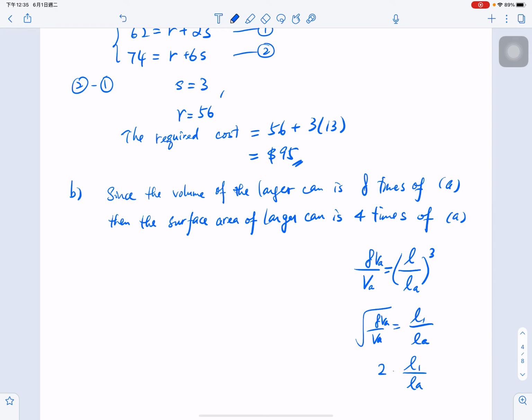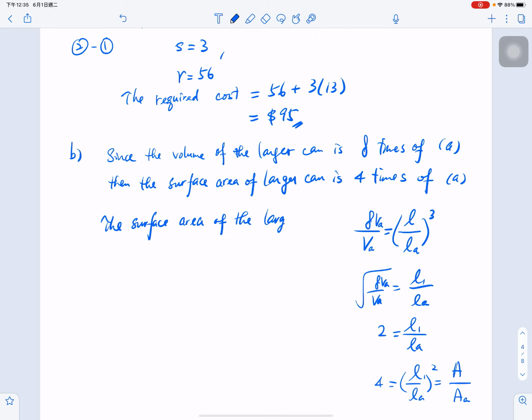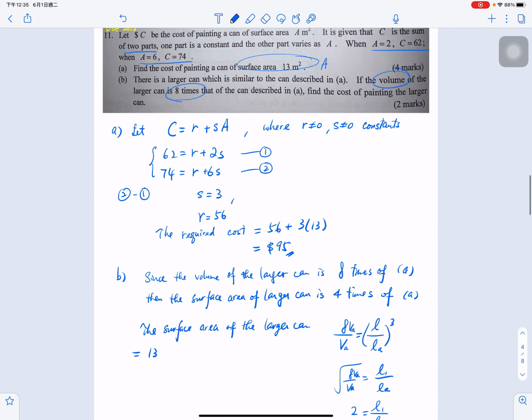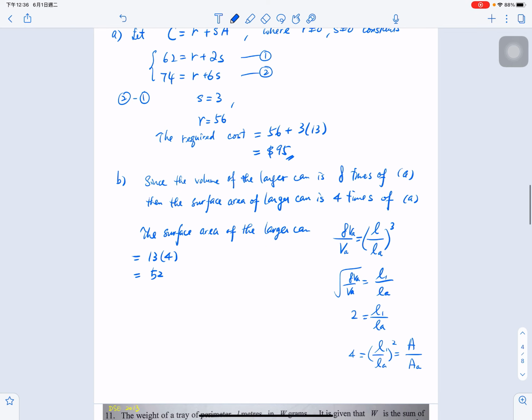L 同埋 LA 呢就會係2啦。OK，咁我 take 翻 square 嘅話就會變咗係個 surface area 啦。OK，咁所以呢個就會係4咯，得唔得？故此我哋就會知道呢，呢個係4倍啦。So 本來13啦，OK 個 surface area，咁呢度嚟講 larger can，咁咪即係大咗4倍啦。So this one is 52 meters square.